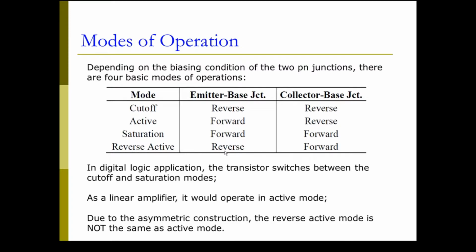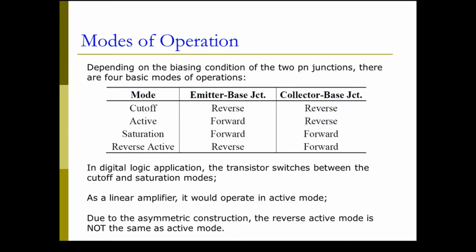Reverse active mode reverse biases the EBJ but forward biases the CBJ. That's like you interchange the emitter and the collector, as in the active mode. It's still an active mode, but a reverse active mode, and you'll see the performance is much worse than the active mode.